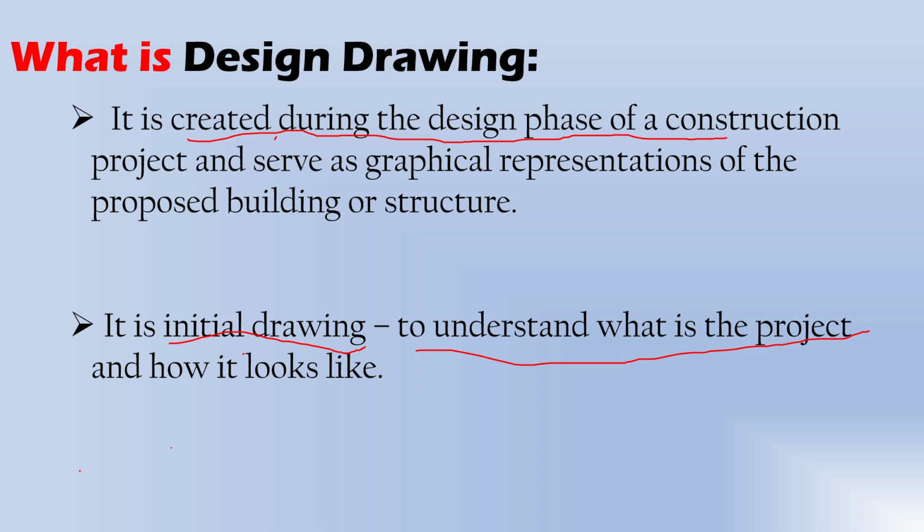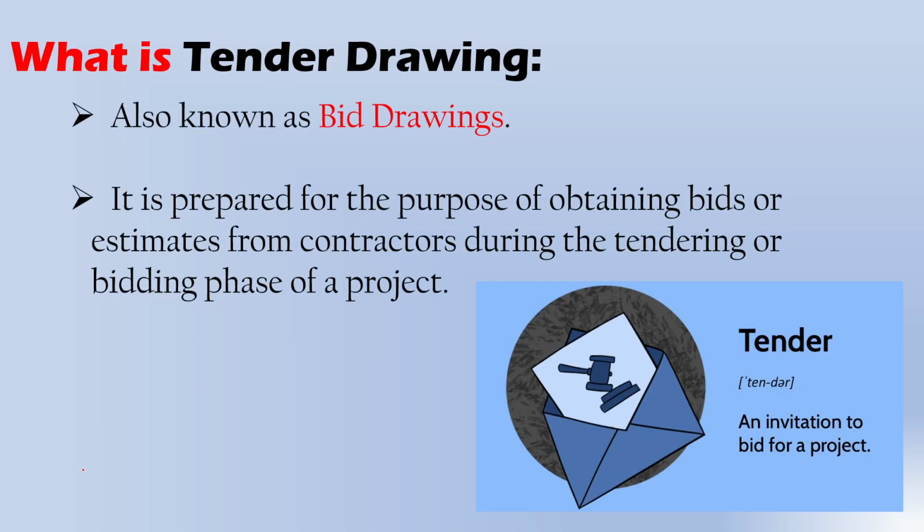So this is the design phase. They make some designs and a graphical representation of the building and get approval from the client. That drawing is called design drawing. Second, tender drawing. Tender drawing is also called a bid drawing.